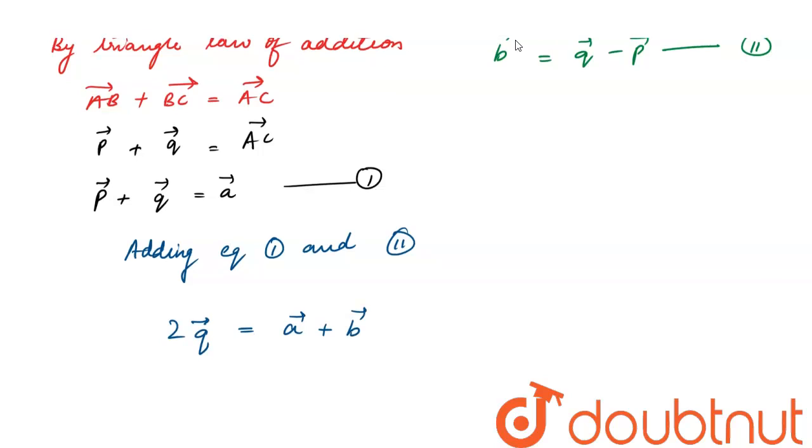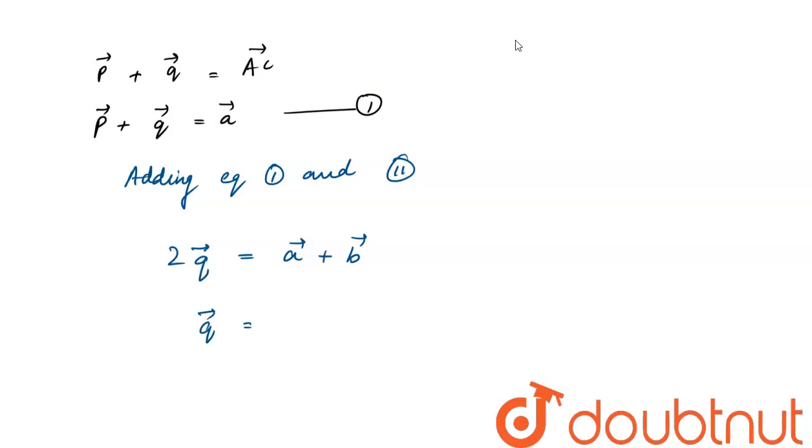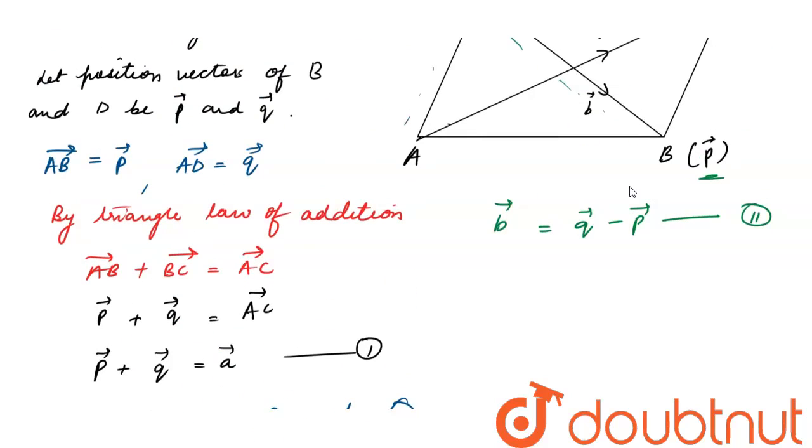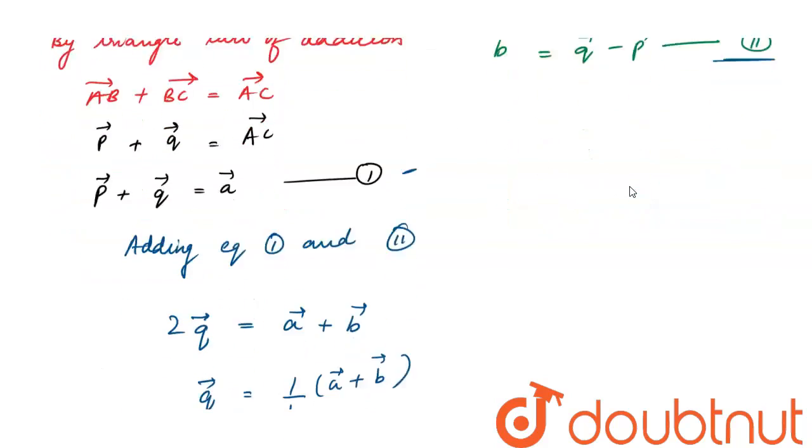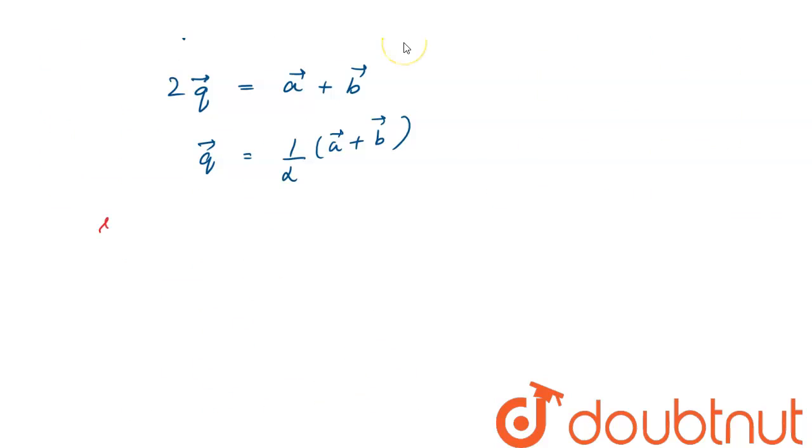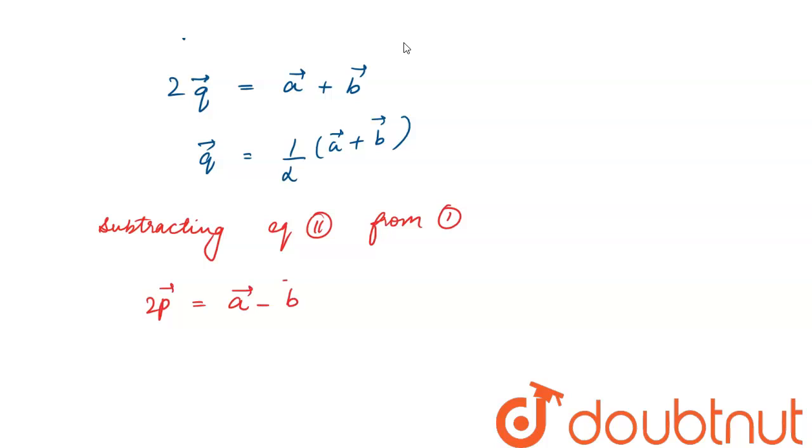Okay, and by this we get Q vector equals, taking this 2 in the denominator on the RHS, A vector plus B vector by 2. Now subtracting equation 2 from 1, we will get 2P vector equals A vector minus B vector, which gives P vector equals, taking this 2 downwards, A vector minus B vector by 2.